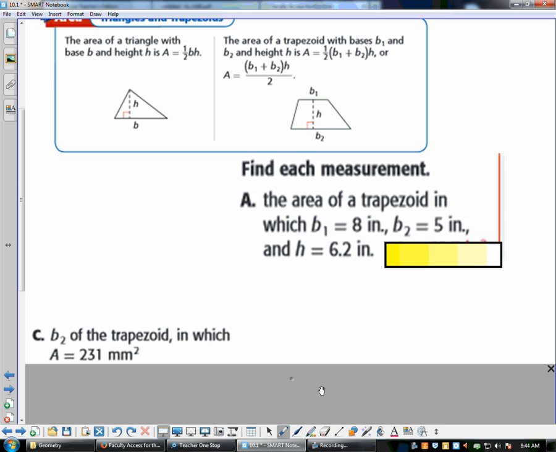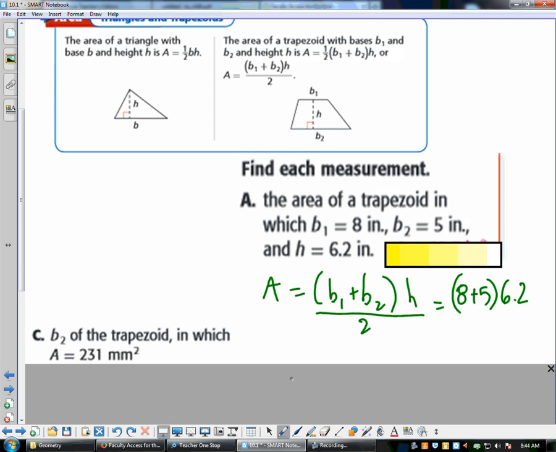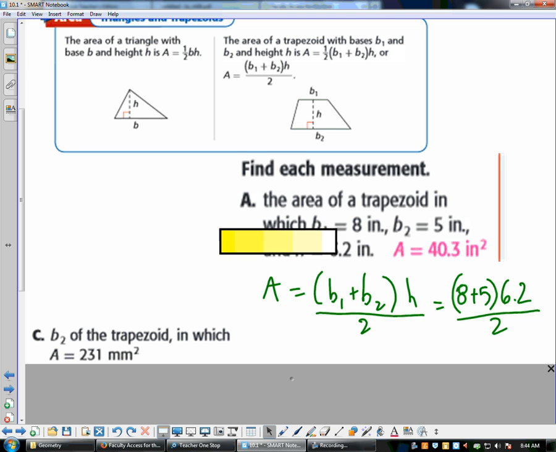Add 8 and 5. So you're going to add the two bases together, so that's 8 plus 5, and multiply it by 6.2, and divide by 2. Calculators, what do you get? 40.3. Do people agree?